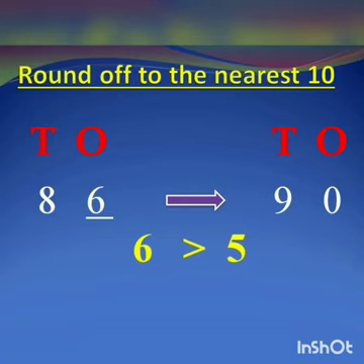So we can see 6 is greater than 5. And I told you if the digit at ones place is 5 or greater than 5, in that case you have to round up, means the digit at tens place will increase by 1 and the digit at ones place will be replaced by 0 and the rounded number will be 90.